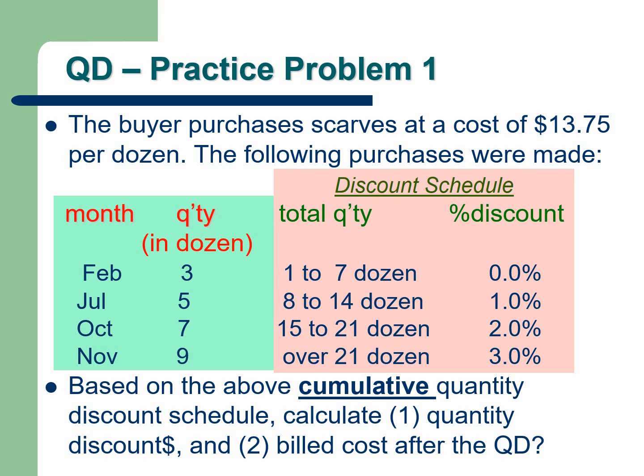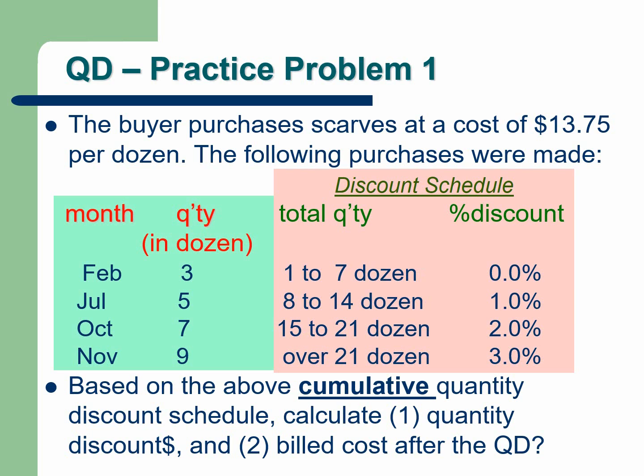Based on the phrase "cumulative quantity discount schedule," we can assume that the discount schedule given in the pink box on the right side of the screen is cumulative. That means discounts will be determined based on the accumulated orders, the multiple purchase orders that the buyer made throughout the whole year.